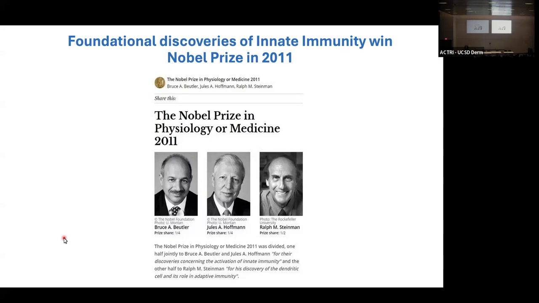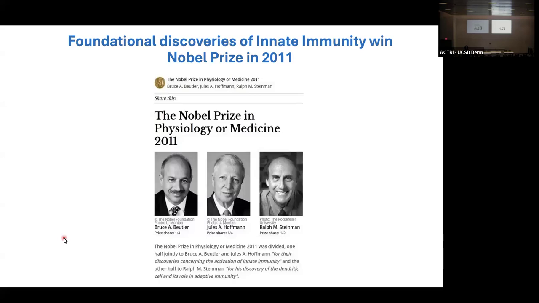And some of the notable people who made major contributions in this field won the Nobel Prize for it in 2011. Bruce Beutler, who was here on the Mesa, was actually a collaborator of ours, who through an unbiased genomic approach in mice, found toll-like receptor 4 and sort of broke open the innate immune receptor recognition field for mammals.